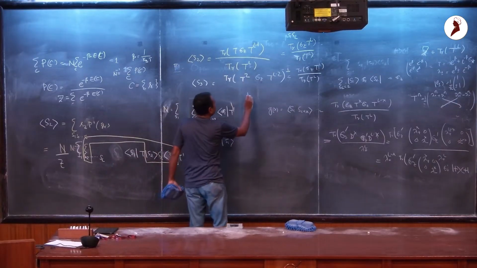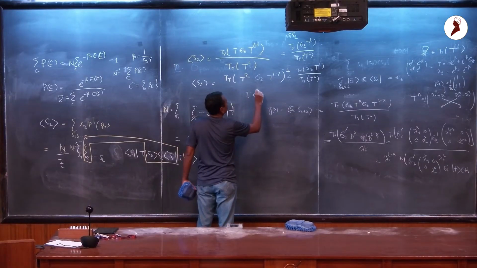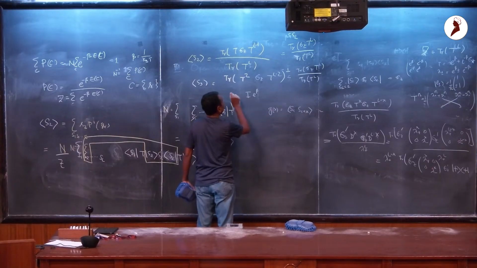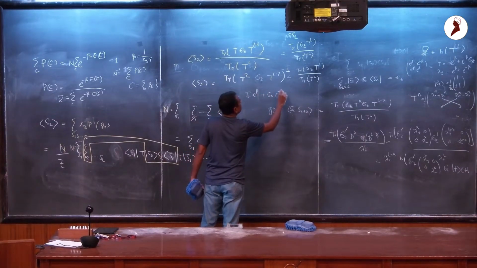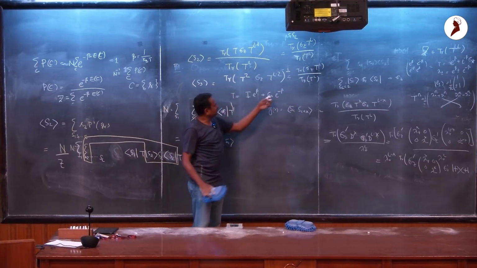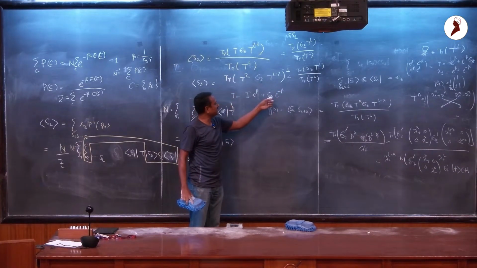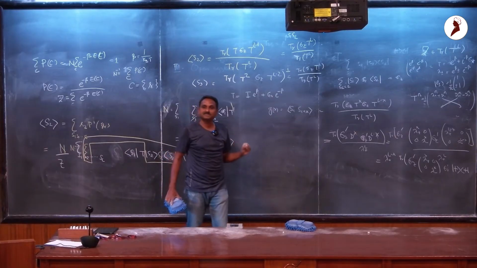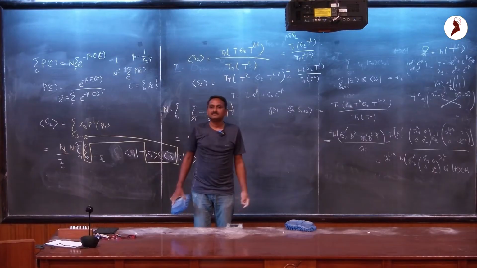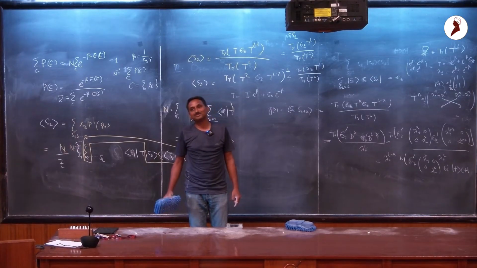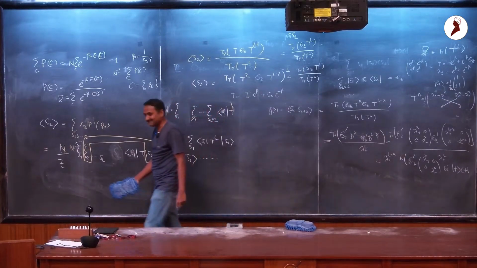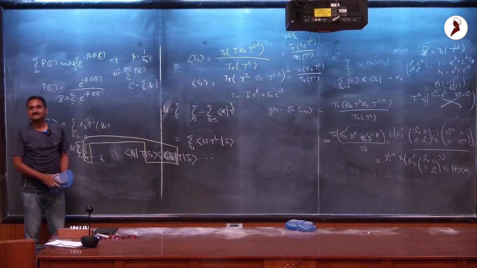I'm talking about the eigenvalues of T. Wait a minute, T equal to I e to the power beta plus sigma x e to the power minus beta, right? These two matrices commute. If sigma x is plus minus 1, it will be just e to the power beta plus minus e to the power minus beta, no? So one will be cos and the other is sine, the hyperbolic, I mean. Of course, yes. Twice also a factor. Yes, 2 cosh.